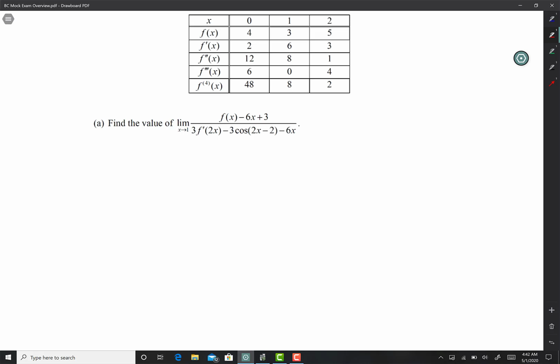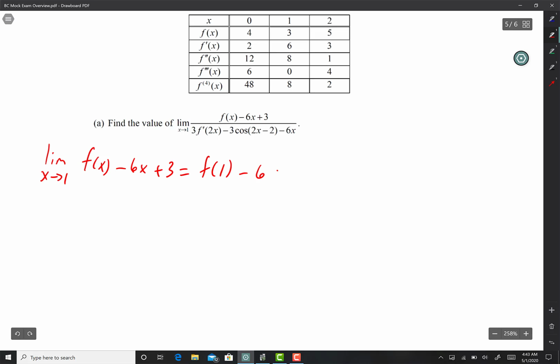You have to show that both are 0. So limit, by both, I mean numerator and denominator. Limit as x approaches 1 of f of x minus 6x plus 3 equals f of 1 minus 6 plus 3, which equals 3 minus 6 plus 3, which equals 0. And then I got to show the other one.